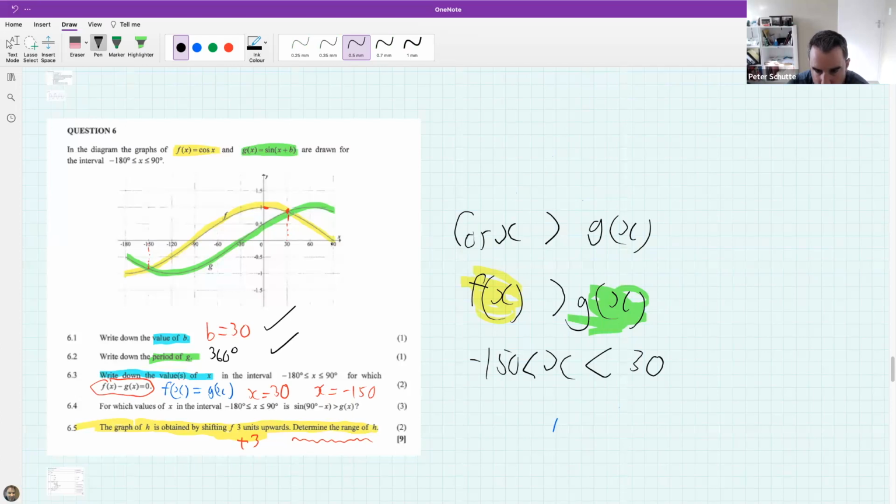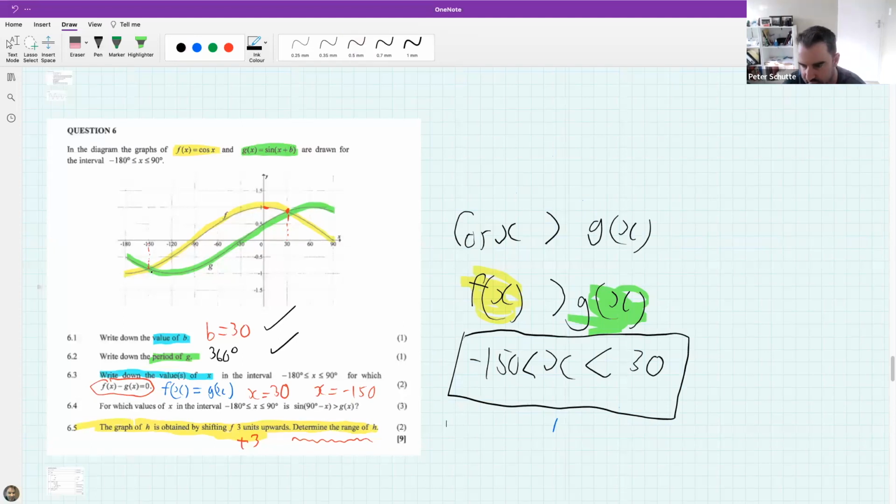And then yellow goes below green. So the correct answer will be x is between -150 and 30. The real key, and these are much, much harder questions, and I understand for a lot of you that will be very tough, is recognizing that the sine of 90 minus x is cos x, and then recognizing cos x is really the same as the function f over here.